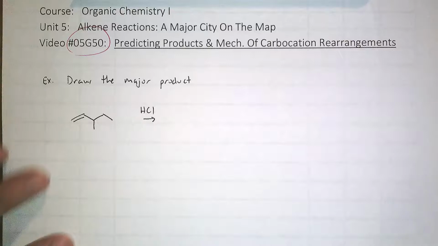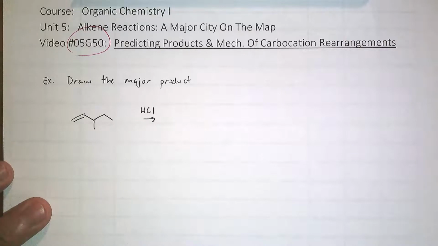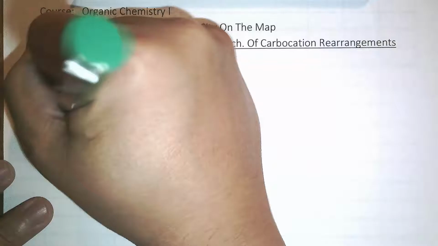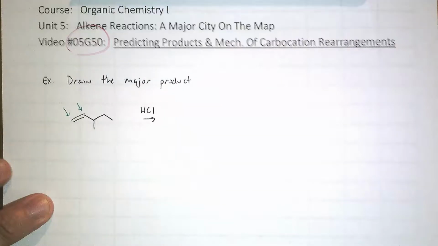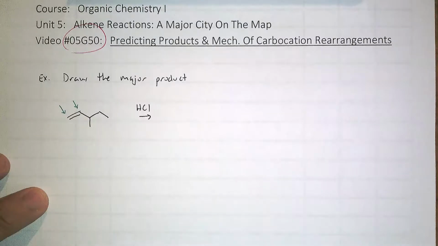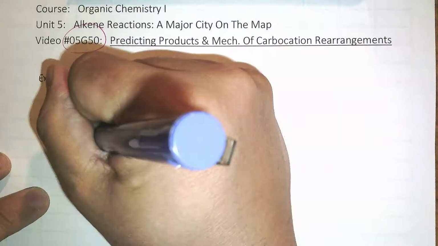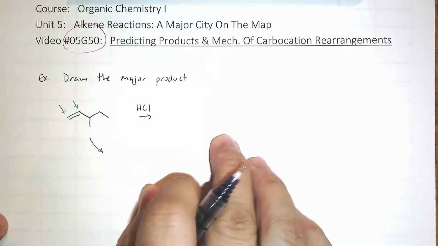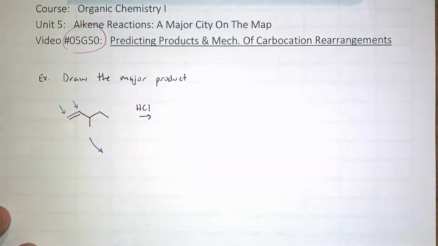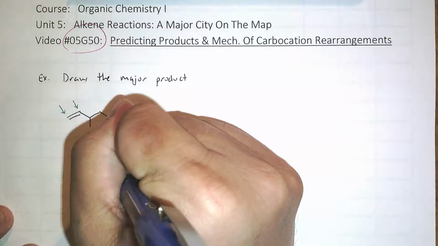But normally, you have to decide, is the chlorine going to go on that carbon or this carbon? One of the carbons of the double bond. Because you know from Markovnikov's rule, you want to form the more stable carbocation. I'm not drawing the product. This is like scratch paper, but I want to draw the carbocation intermediate.